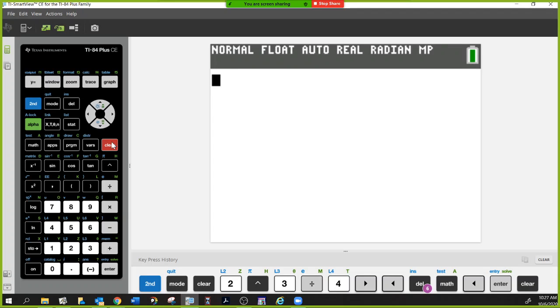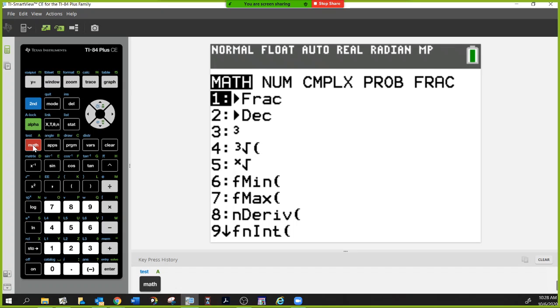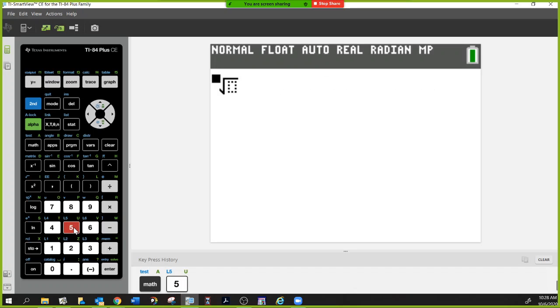What if it's a 3rd root or a 5th root and you don't want to use a fraction exponent? Your calculator can do that also. Structures are all in the same spot. Math. You see 5? The x root. So if you type it, it's waiting for you to type the root index. Say the 6th root. And then you just hit to the right.